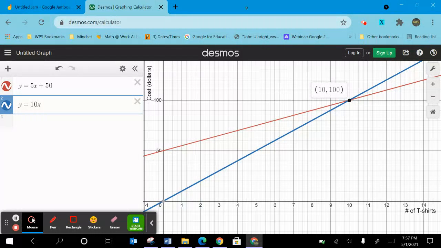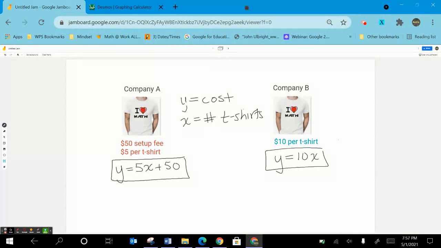So let's pop back here to our Jamboard and think about what that means, (10, 100). Okay, so (10, 100) is the point that falls on both lines. It's the point where they intersect. And let's think about what it means in terms of our situation. So 10 is our x value because our ordered pair is (x, y).